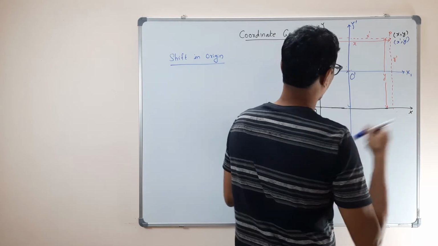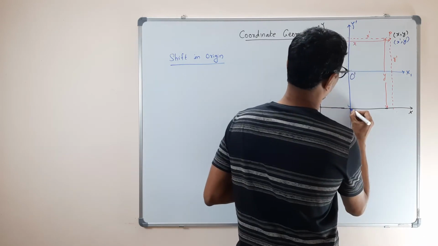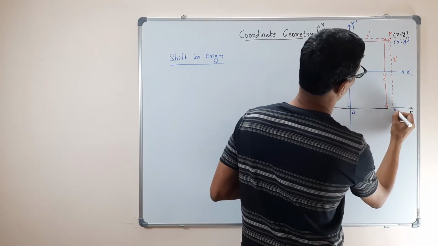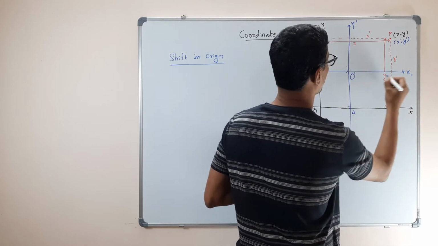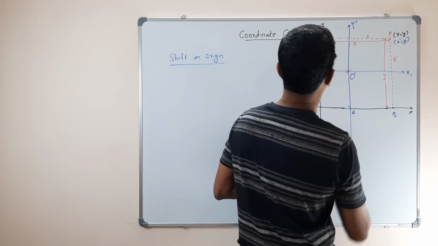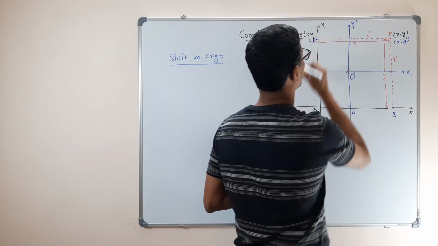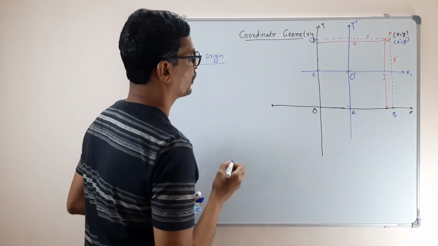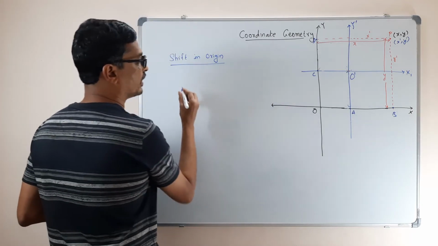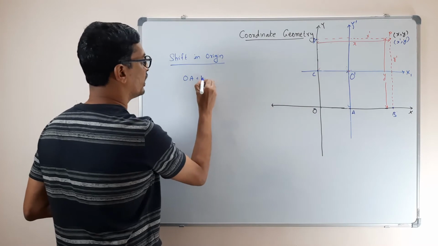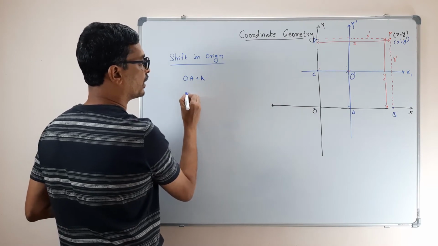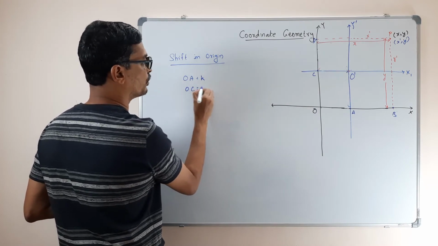Okay, let us call it A. So this point is A, and this point is B, and this point is C, and this point is D. Then you can find out. Let OA be equal to K, and OC will be equal to H.